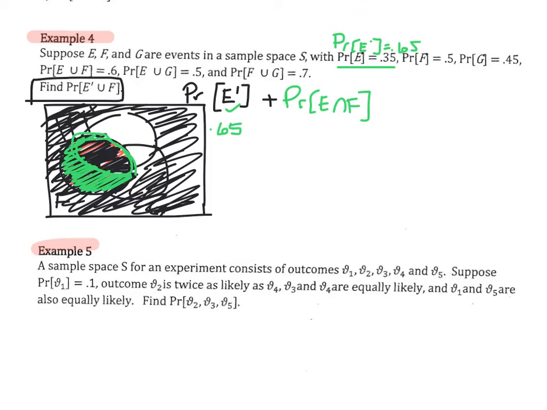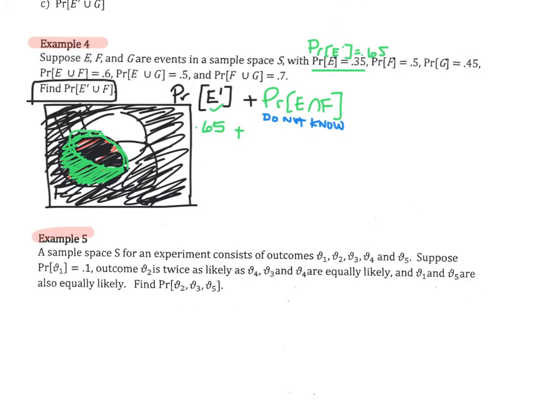If you have a 35% chance of something occurring, you have a not probability or complement of 65% chance of it not happening. And then we'll add on this probability of E and F. If you look up into your clues, we do not know. Sorry about my handwriting. We do not know E and F.